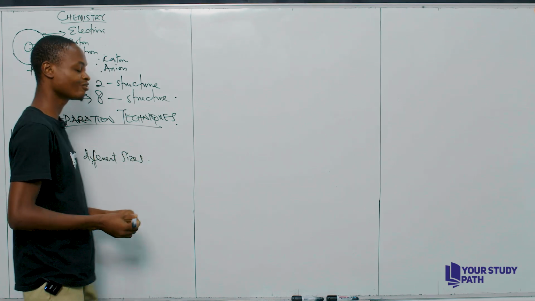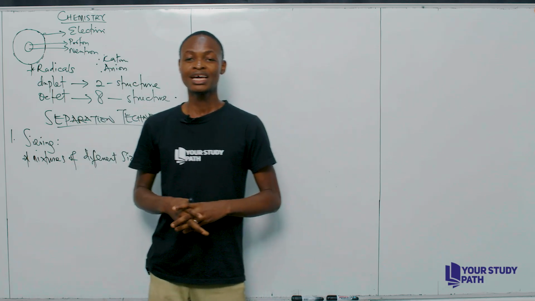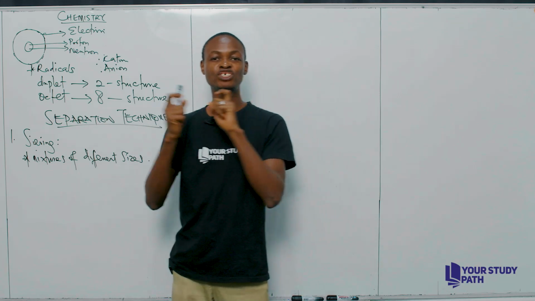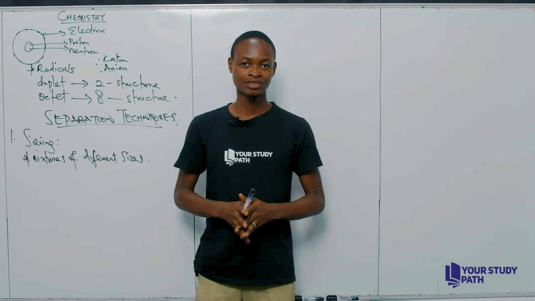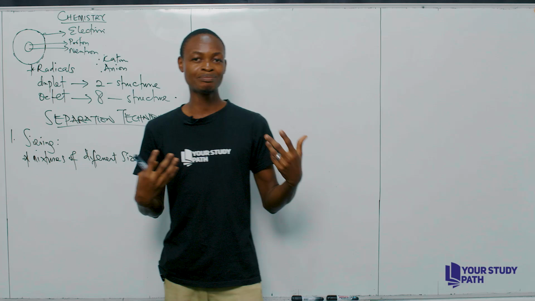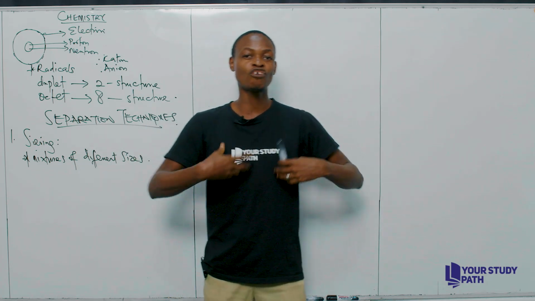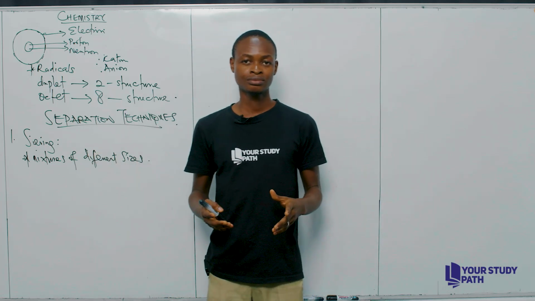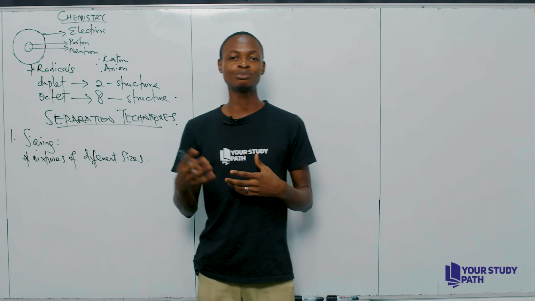sizes. So when we are talking about separation techniques, the most important thing, and this is where questions come from, is that we must be able to identify the distinct features of the mixtures that are separated within the different techniques. For instance, for sieving, the mixtures have to have different sizes. It obviously follows that if you are talking about different sizes, then the mixture has to be in a solid state, because it's only solids that will have comparisons in terms of sizes.